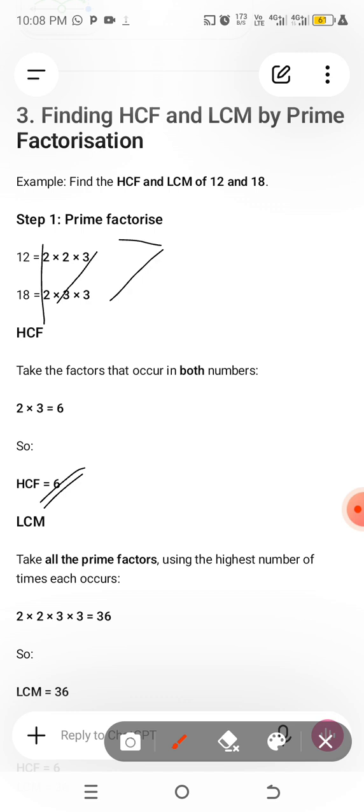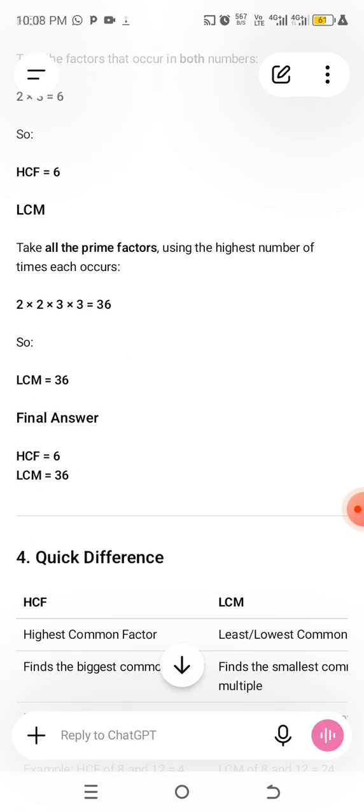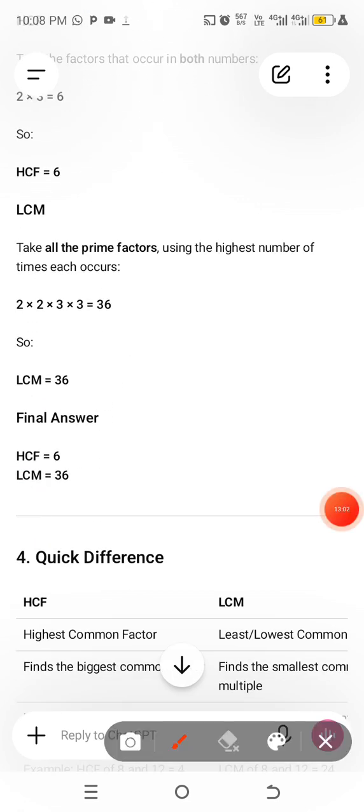In HCF, you take only one of the common ones, but in LCM, you take both. So 2 times 2, then 3 times 3. That's 2 times 2, 4, 4 times 3, 12, 12 times 3, 36. So LCM equals 36. Final answer: HCF equals 6 and LCM equals 36.